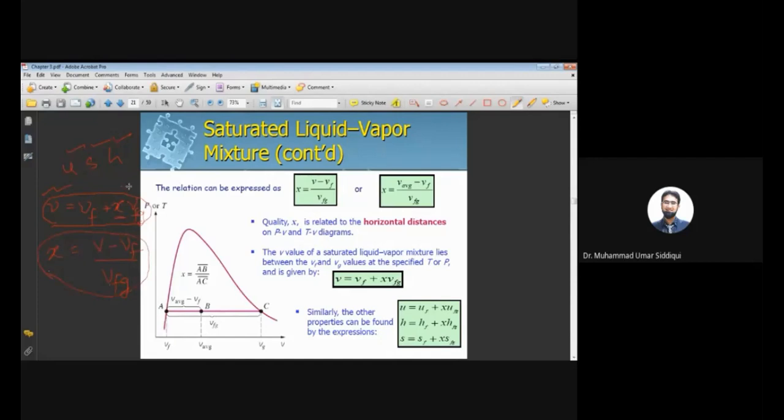So this is the trend that you have to use, whether it is internal energy, enthalpy, entropy, or specific volume: the f value plus x multiplied by the fg value. Is this formula clear? Yes, sir. You will understand it much better when we actually apply it in the numericals.